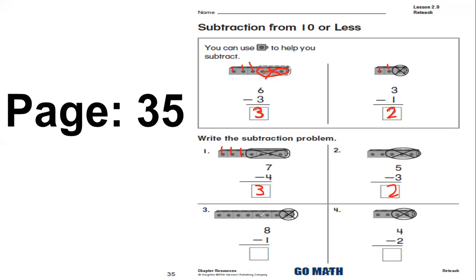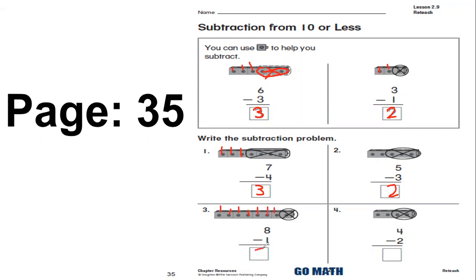Then we have question number 3, 8 minus 1. There are 8 cubes and they have circled 1 and crossed it out. So 8 minus 1, count the remaining cubes. 1, 2, 3, 4, 5, 6, 7.